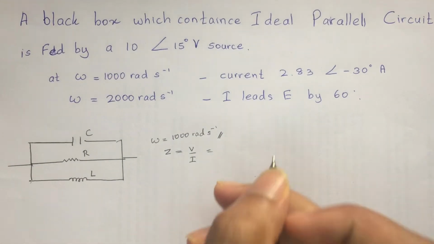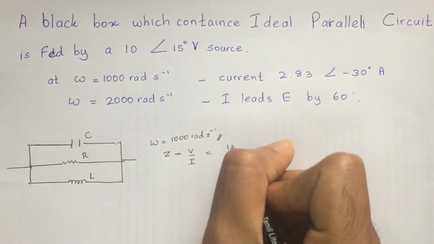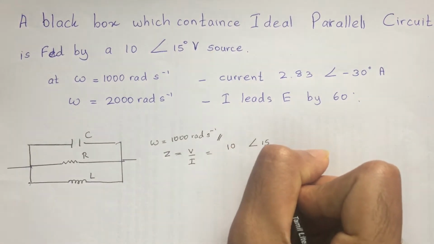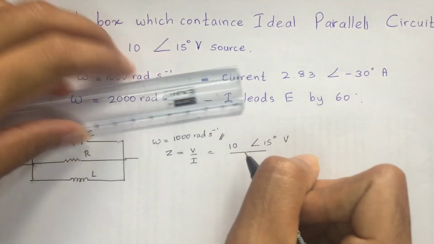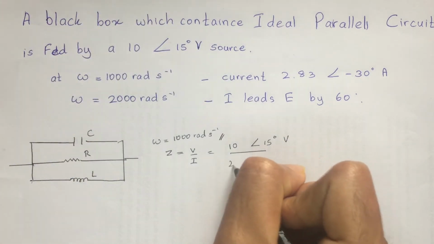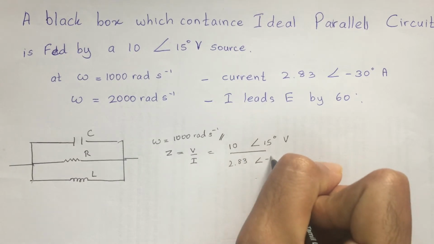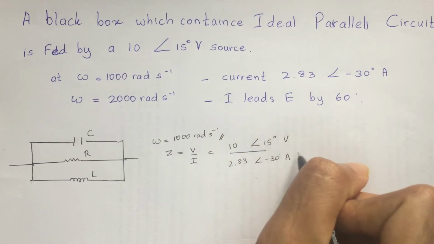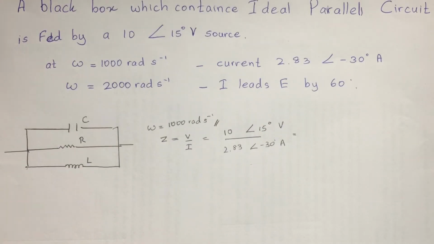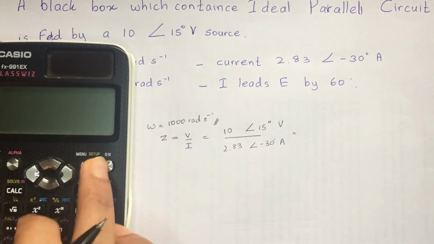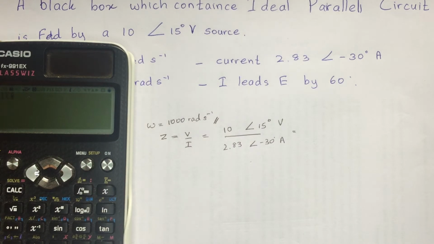So V is going to be 10 volts at 15 degrees, and we are going to divide it by 2.83 amperes at minus 30 degrees. We can directly divide it using the calculator. First we need to divide the magnitude of those RMS values.